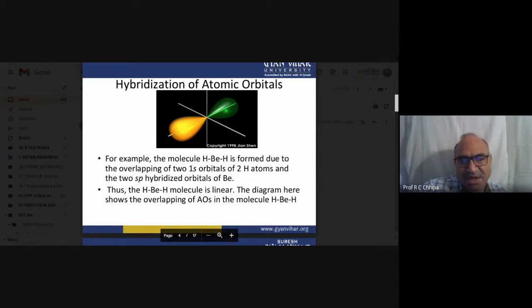This molecule is formed due to the overlapping of the sp hybrid orbitals with the atomic orbitals of two different hydrogen atoms.